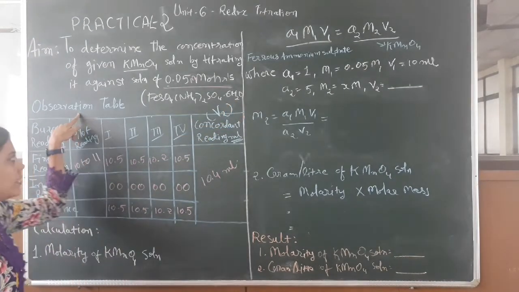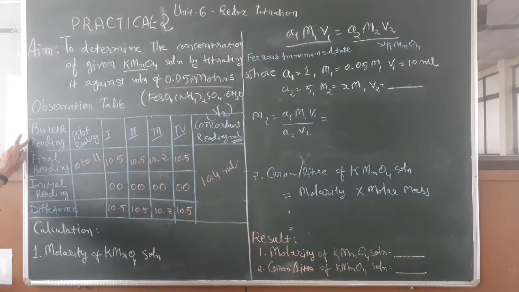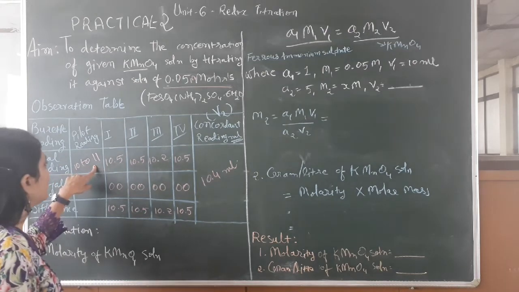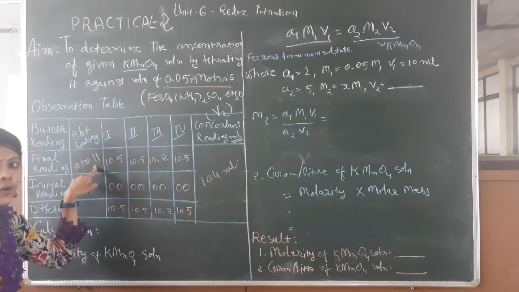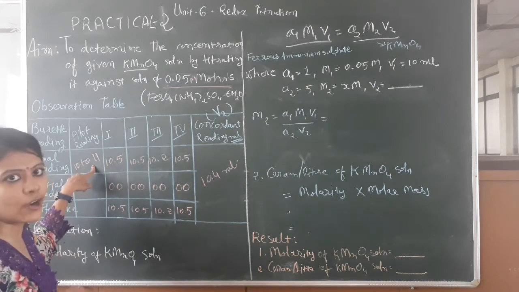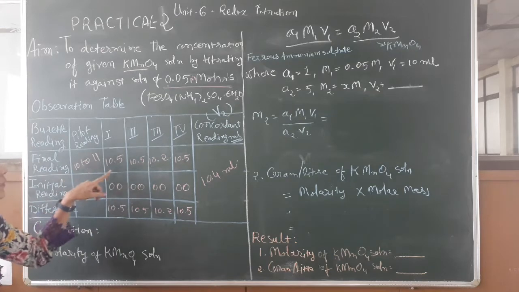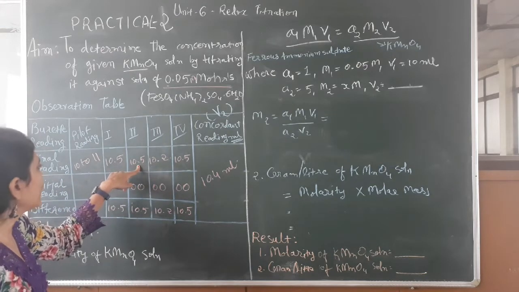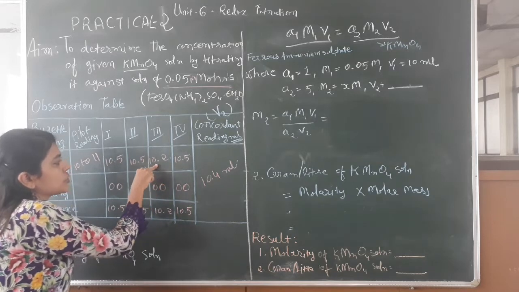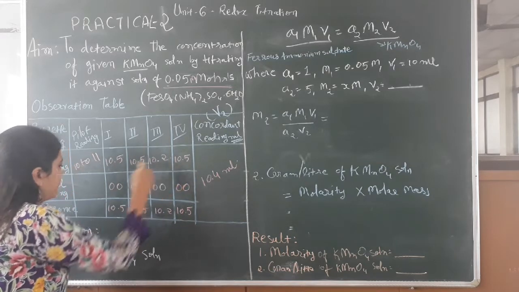The observation table is the same: burette reading, final reading, initial reading, difference, then pilot reading. As you all know, our first reading is 10.5. The pilot reading is between 10 to 11. If you remember, our second reading is also 10.5, third 10.2, then fourth 10.5.